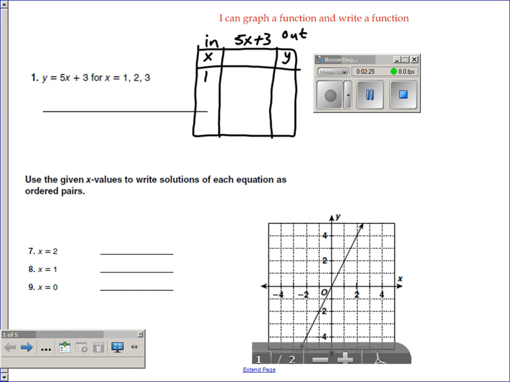You've done something like this before when they gave you an expression 5x plus 3, and this would be in the instructions. And then it would say like number 1 for x equals 1. How many kids remember seeing for x equals 1? We've done a problem like this before.